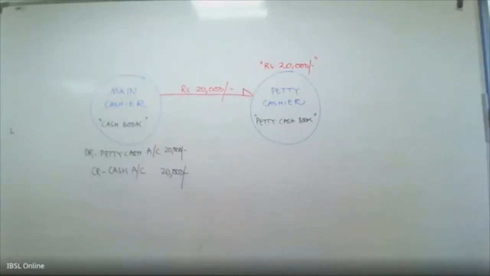Then you will also have cash in the ATMs or maybe the CRMs, right? So if you look at the total cash position of a bank branch, it includes all these amounts: the cash held in the counters, in the safe lockers or the vault, and in the ATMs and CRMs.